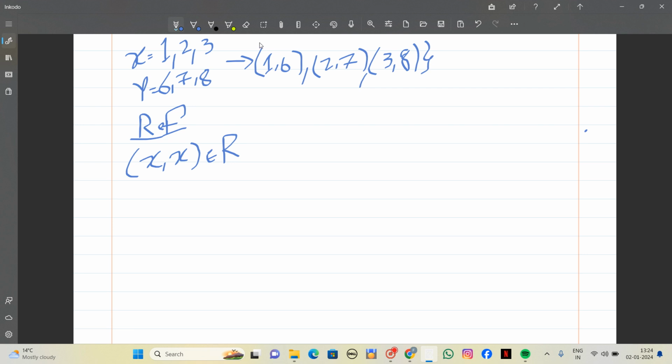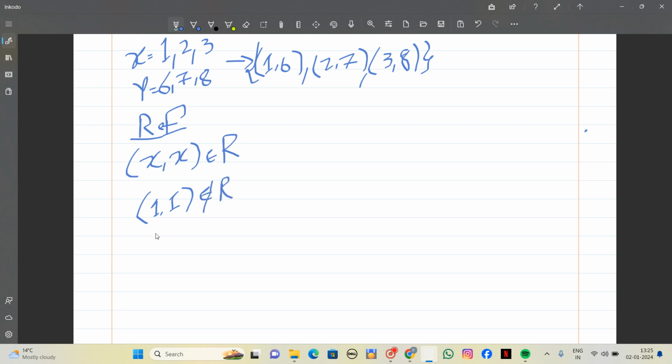Okay, so there is no element (1, 1). (1, 1) is not belonging to relation R.